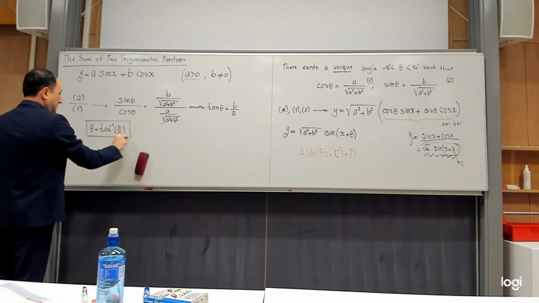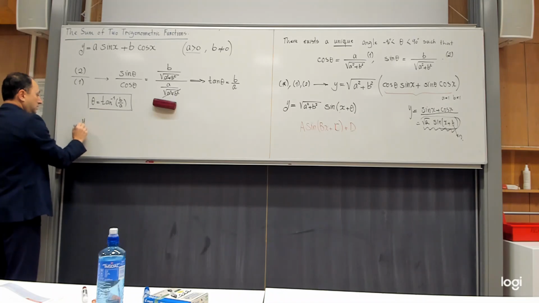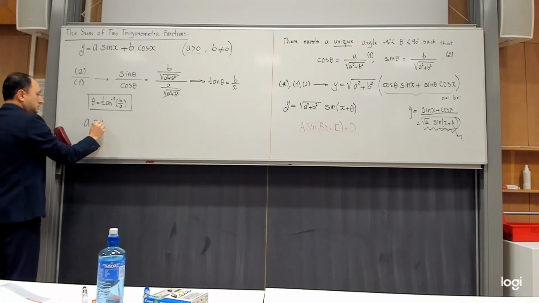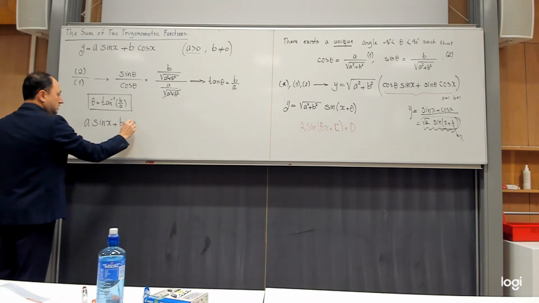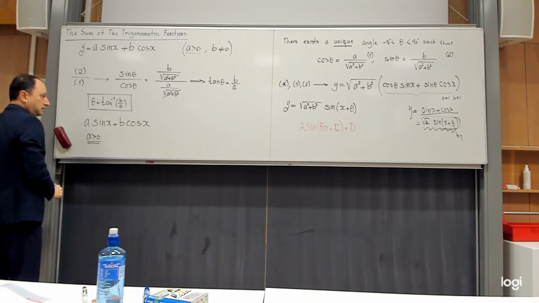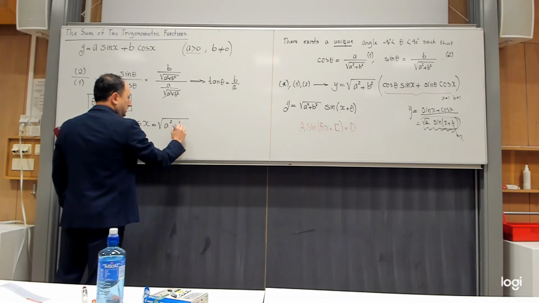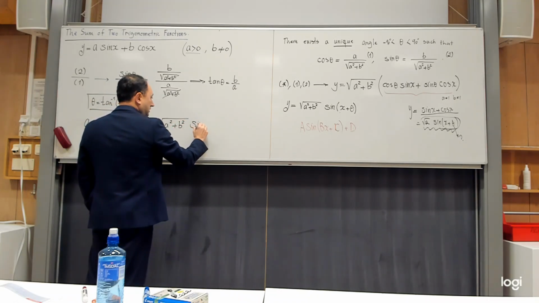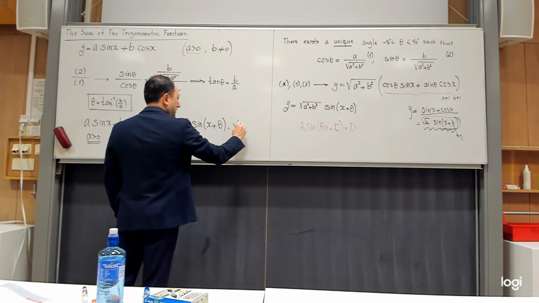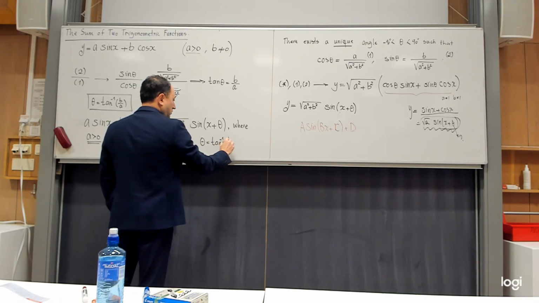What is theta? So theta is this tangent inverse of b over a. Yes? So if I want to summarize everything, I would say that y equals, let me write it in this way, a sin x plus b cos x, if a is positive, is equal to square root of a squared plus b squared, and then you have sine of x plus theta, where theta is tangent inverse of b over a.